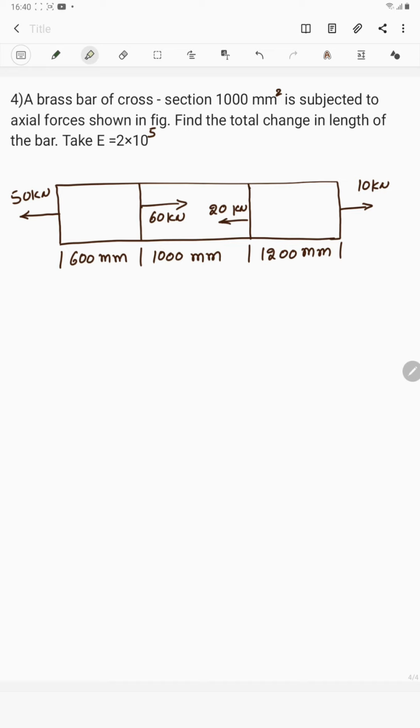A brass bar of cross section, area of cross section given 1000 mm square. From the diagram, it is very clear that A1 equal to A2 equal to A3, that is equal to 1000 mm square. Let this be section 1, section 2, section 3.